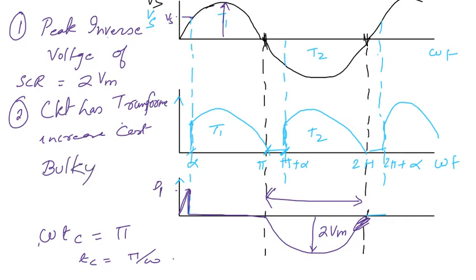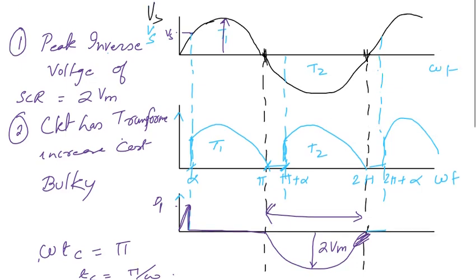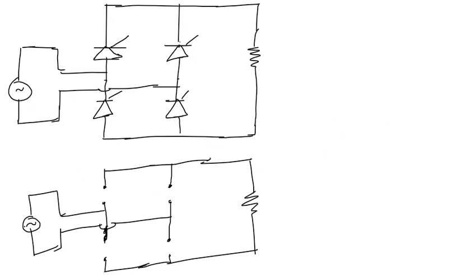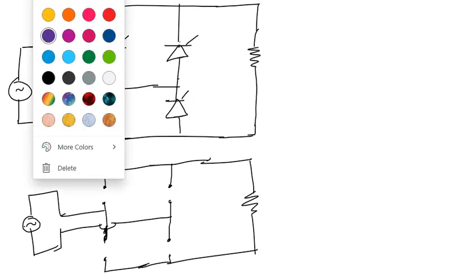To remove these, we will have another circuit, that is this circuit. This circuit has the same load, but here we have 4 SCRs. It is a single phase converter, not a midpoint converter. Let us discuss the operation first.